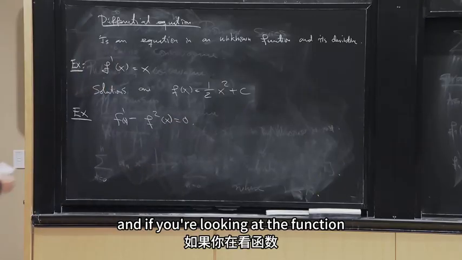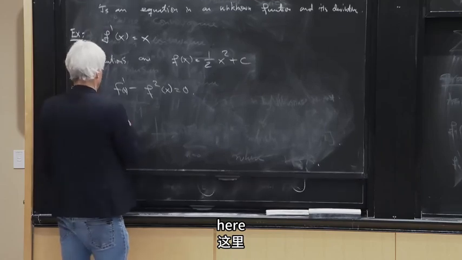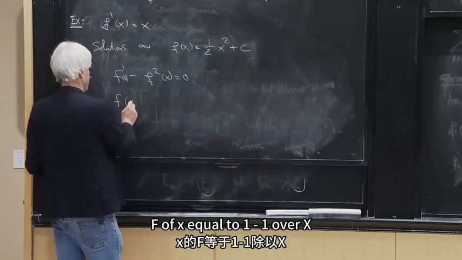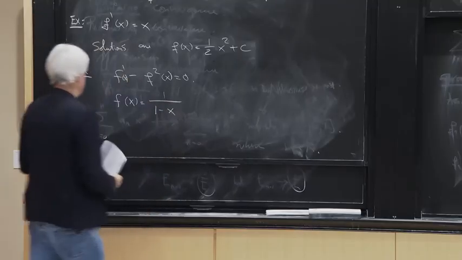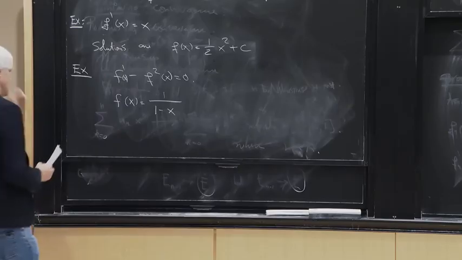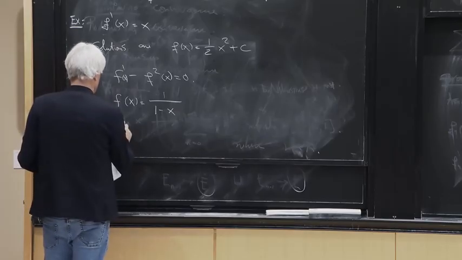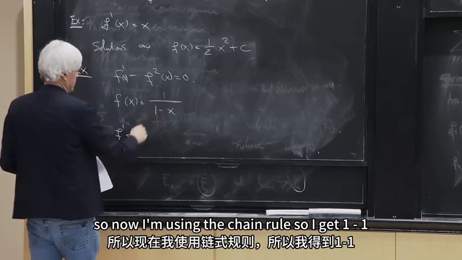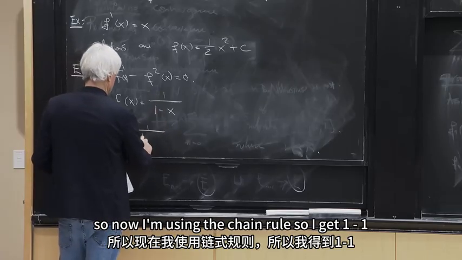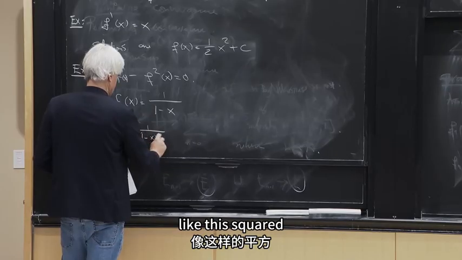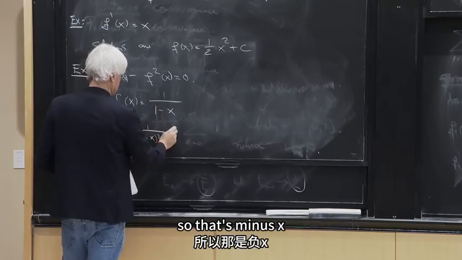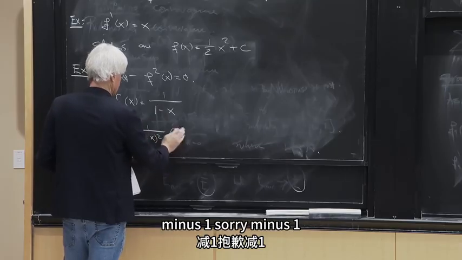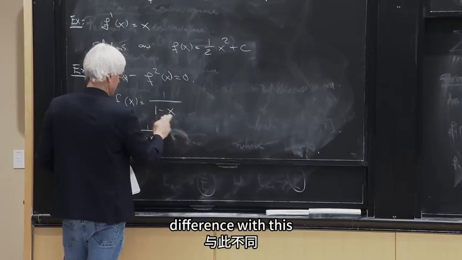If you're looking at the function f of x equal to 1 minus 1 over x, and now you take the derivative, I'm using the chain rule, so I get 1 minus 1 like this squared, and then I take the derivative of this, so that's minus 1, sorry, minus 1.